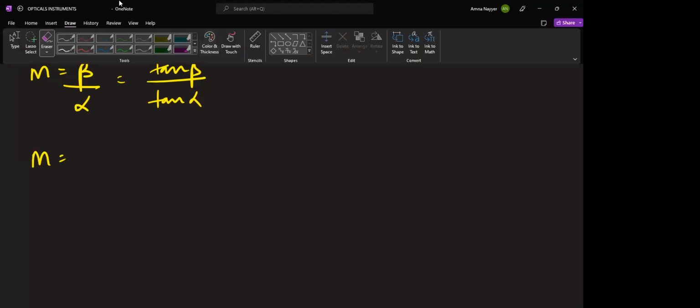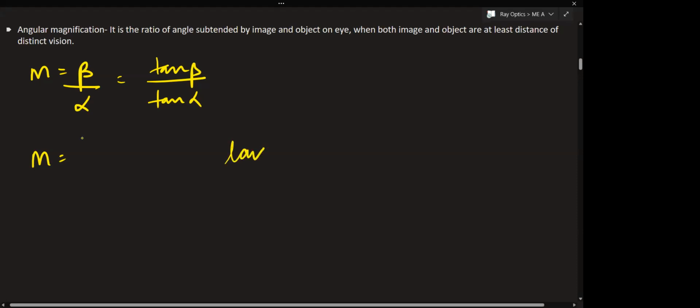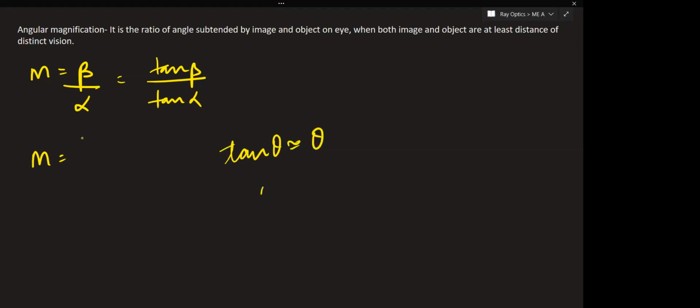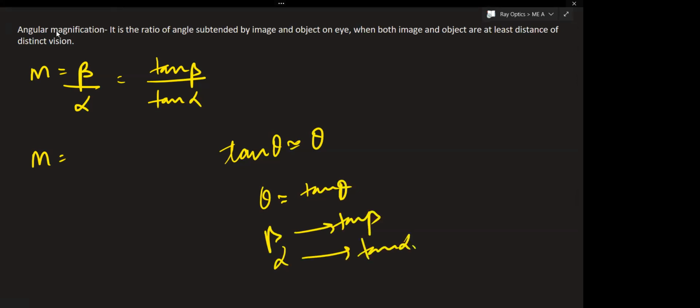Beta by alpha will become the same thing: angle subtended by image by angle subtended by object. Now, I was saying if you have small angles, tan theta can almost be written as theta. So theta can also be written as tan theta. So I have beta, I can write it as tan beta. I have alpha, I can write it as tan alpha.